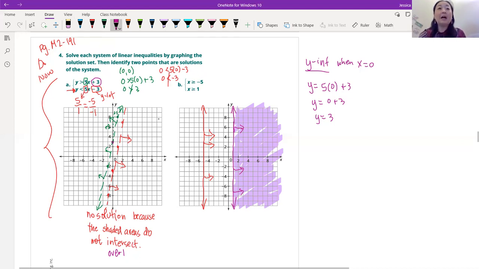Also, on the right-hand side, the question was asked, how do you know that this +3 is the y-intercept? Algebraically, this is what you do. Remember the y-intercept is when x is equal to 0, because on the y-axis, that's where x is equal to 0.